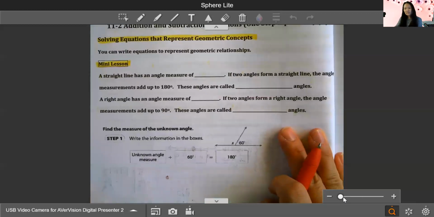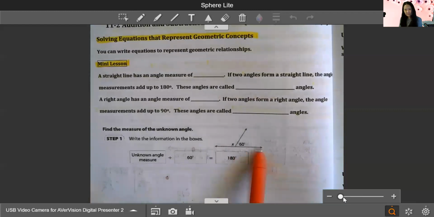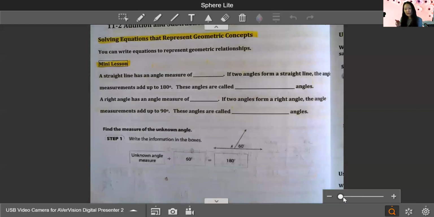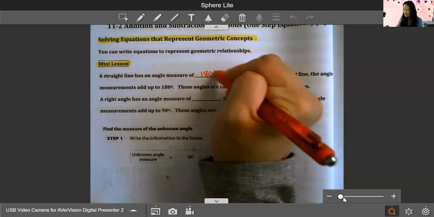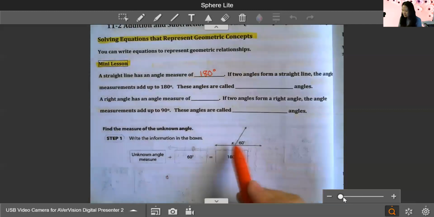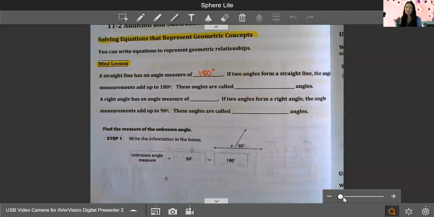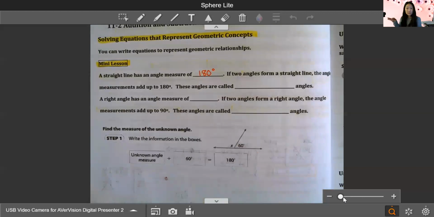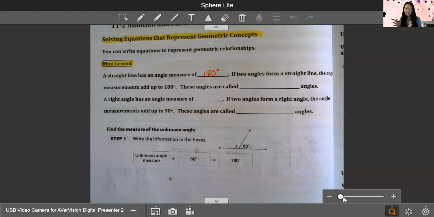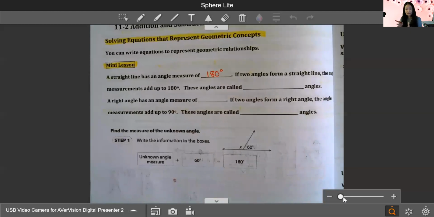So first of all, you have a straight line. A straight line has an angle measurement of 180 degrees. So this is 180 degrees. A straight line always has 180 degrees. Now that means, let's say you have two angles and together they form a straight line, which means both of these angles are going to add up to 180 degrees.